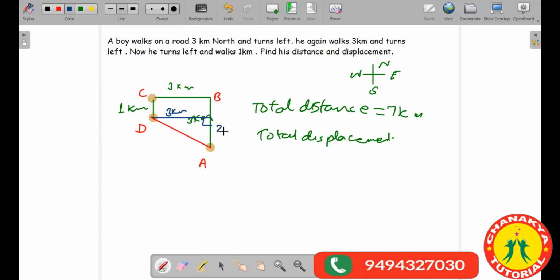The height would be 2 kilometers, as it has already traveled a distance of 1 kilometer. So the height of the triangle would be 2 kilometers, the base is 3 kilometers, and we can find out the AD. Okay. Who will tell the answer? What is the answer to this question? Root 13, sir.